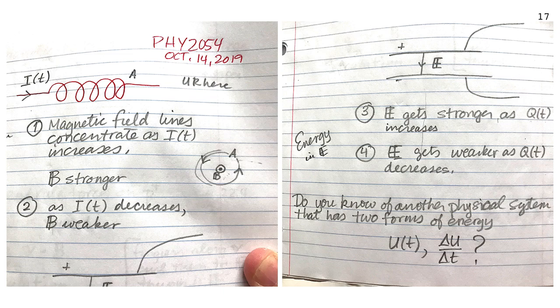Now let's say that the current is going counterclockwise through the coil, so you are here, you're looking at point A, and here's that view.